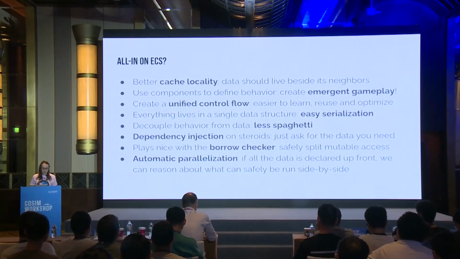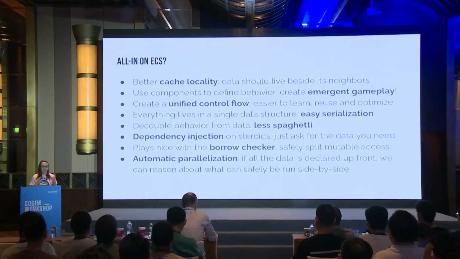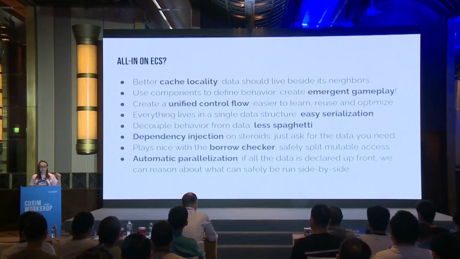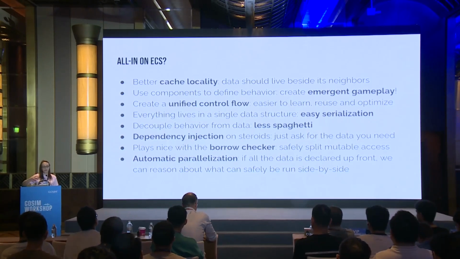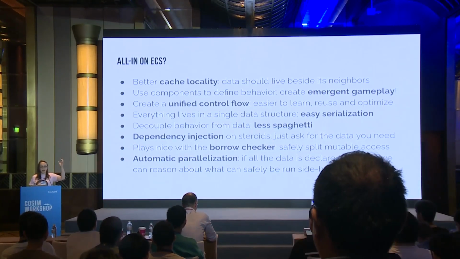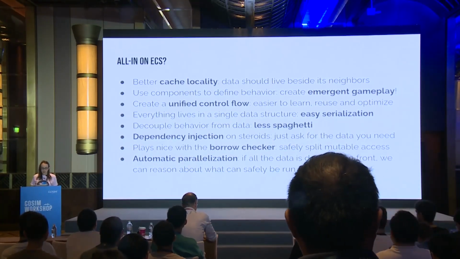But with Bevy, the thing that's really cool about ECS is its dependency injection, where you say, in this code, I want this data, and please give me this data. And rather than having to plummet down through layers and layers of function arguments, it just magically hands you the data that you want.